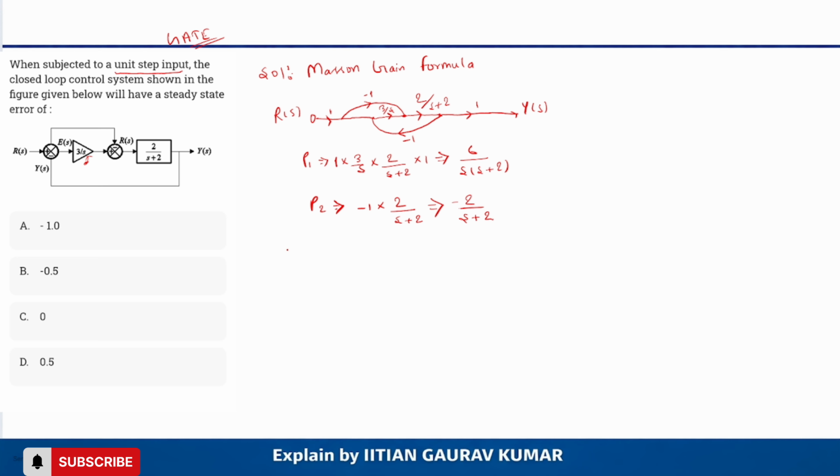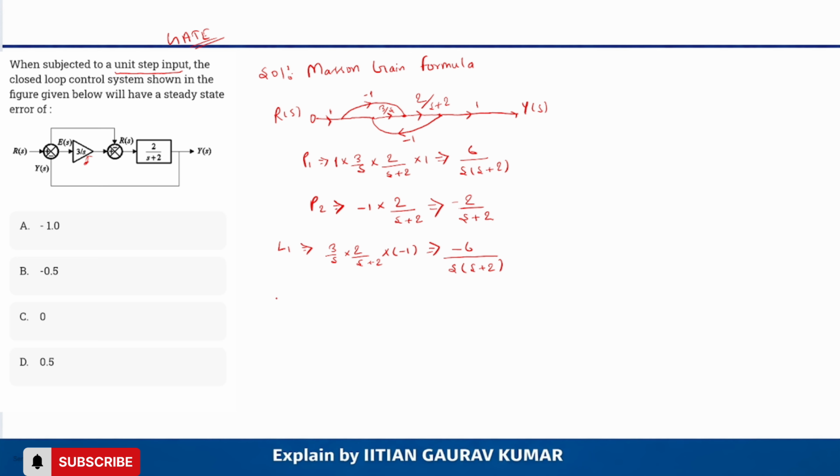And how many individual loop gains are there? L1 is one individual loop gain. Here they are making a closed loop path from minus 3 by s to minus 1. So this is the individual loop gain: 3 by s into 2 by s plus 2 into minus 1, so it is minus 6 by s into s plus 2.